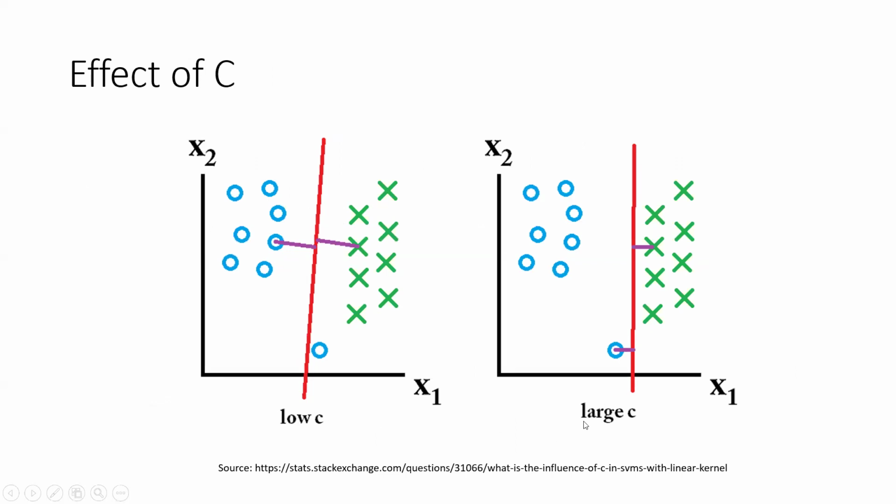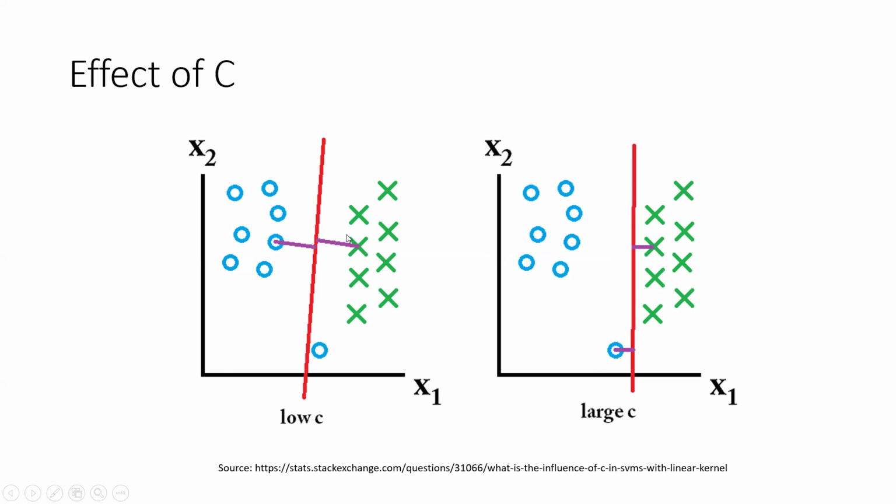When you are using larger C values, you will have fewer misclassifications. In this case, there are no misclassifications, right? But the problem is the decision boundary is very small. In the other case, the decision boundary is very wide.